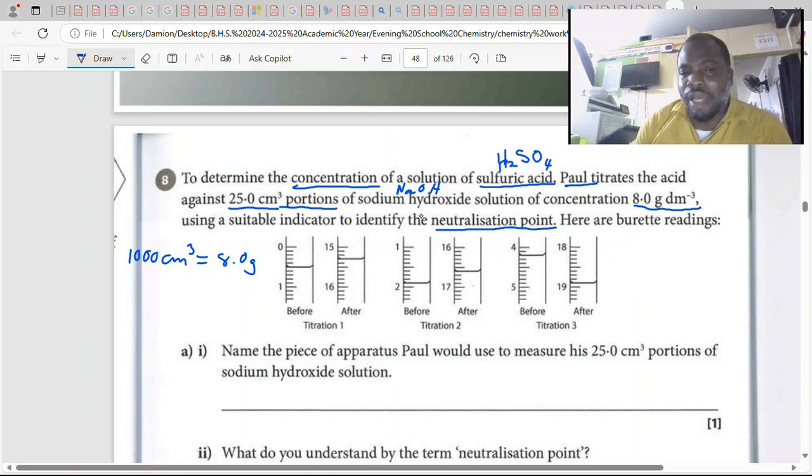So that's the amount that was dissolved in a 1000 centimeter cube or 1 dm cube volumetric flask to obtain that standard solution. And out of that solution, you would have pipetted 25 centimeter cubes to use in your titration.